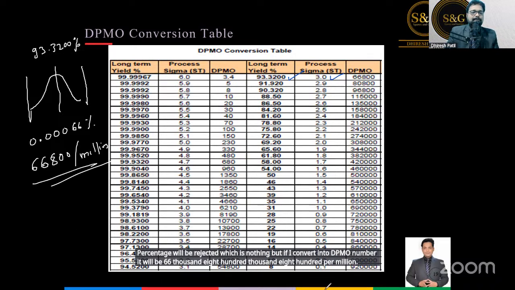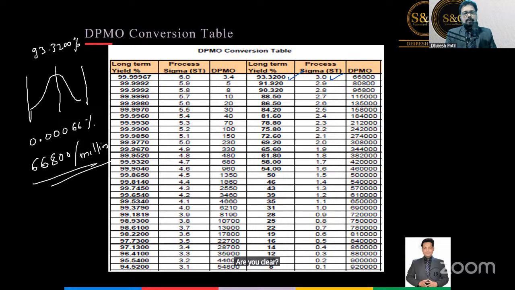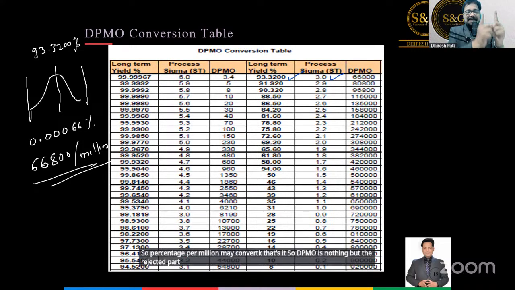Are you clear? Just for your understanding. So percentage converted to per million. That's it. So DPMO is nothing but the rejected part and yield is accepted part. See, understand this. This is within the specification percentage and this is rejected percentage but converted into per million.